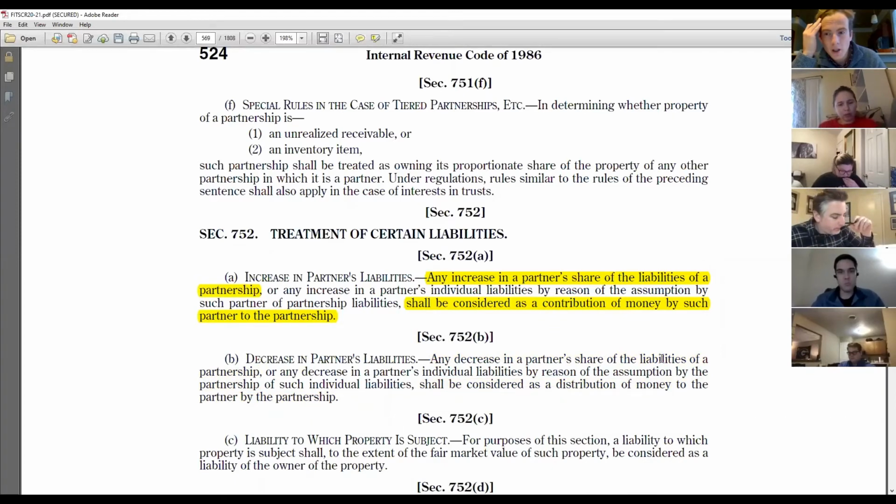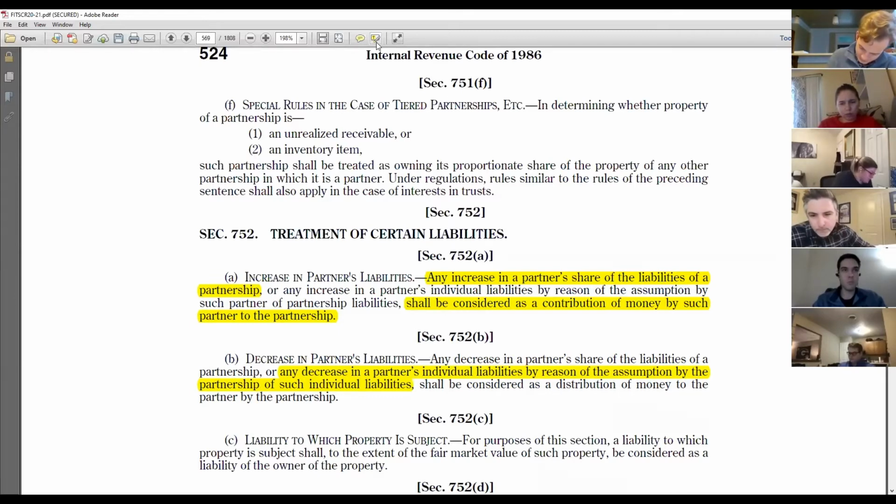Any decrease in a partner's share of the liabilities of a partnership, so we looked at that, or any decrease in a partner's individual liabilities by reason of the assumption by the partnership of such individual liabilities. So this constructive distribution, it occurs when the partnership liabilities go down, your share of the partnership liabilities go down, or when the partnership assumes your individual liabilities.